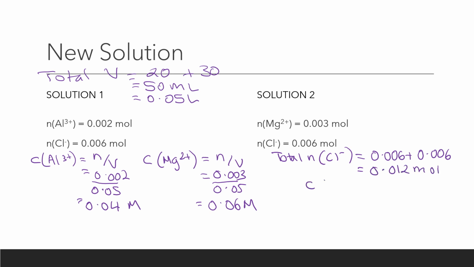So the concentration of the chloride ions is equal to n on V, which is 0.012 divided by 0.05, and it comes out to 0.24 moles per litre.